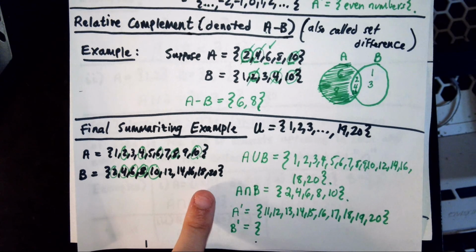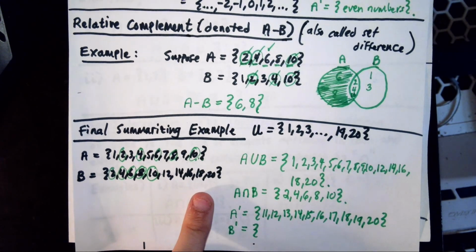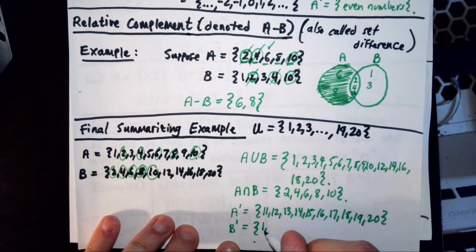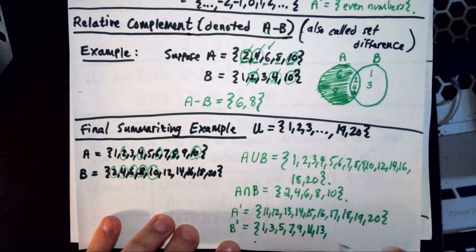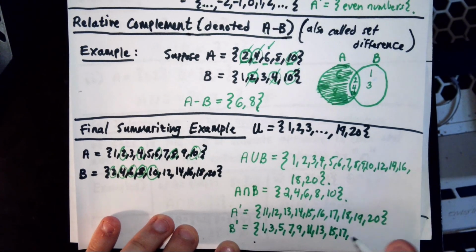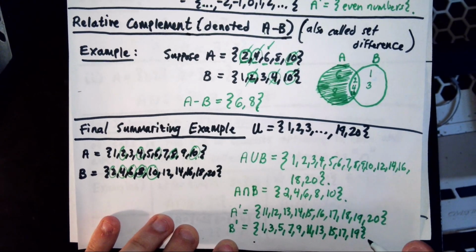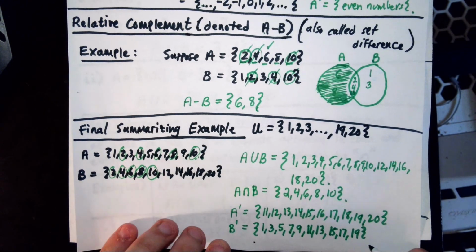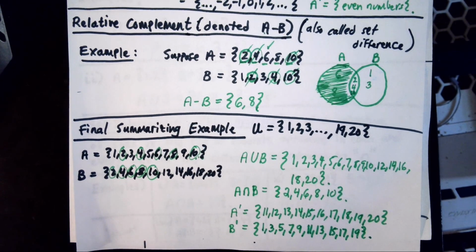We need to get the odd integers from 1 to 20. So writing those out now: 1, 3, 5, 7, 9, 11, 13, 15, 17, 19, and we don't write 20 because 20 is in B. Awesome. All right, so we've done union, we've done intersection, we've done set complements.